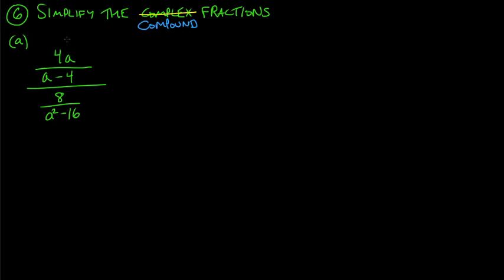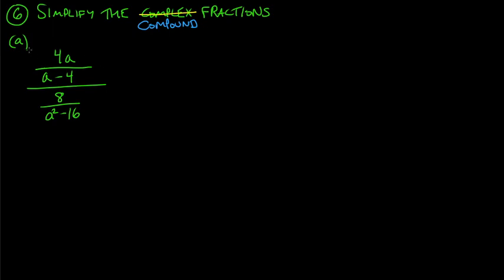Okay, so there's two ways of doing this, right? For lack of a better name, they're just called method 1 and method 2. So in this case, I think if I remember, method 2 works easier here.